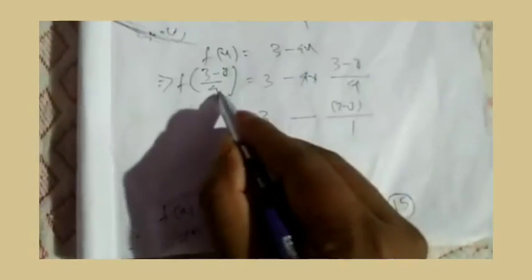So ultimately f of 3 minus y by 4 is f of x, which is equal to y, so the function is onto. Theoretically we have to write it like this. Practically, why it is onto I have already shown.